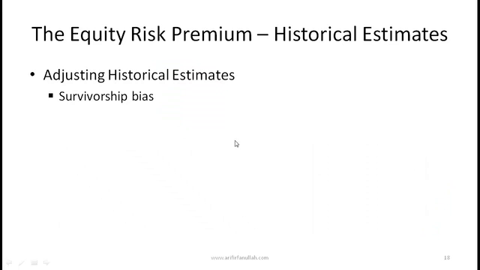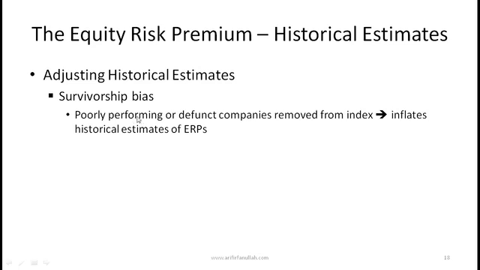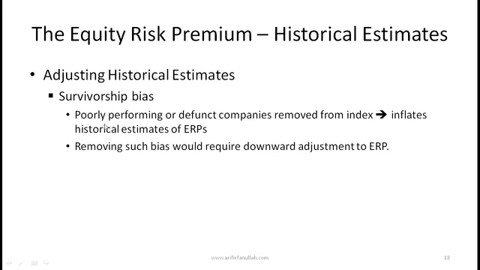Okay, the final point on the historical estimate: when you are using historical estimates, there will be some survivorship bias. Why? Because poorly performing or defunct companies are removed from the index. So the index inflates the historical estimate of the equity risk premium.